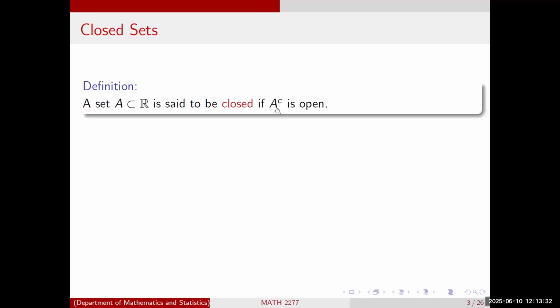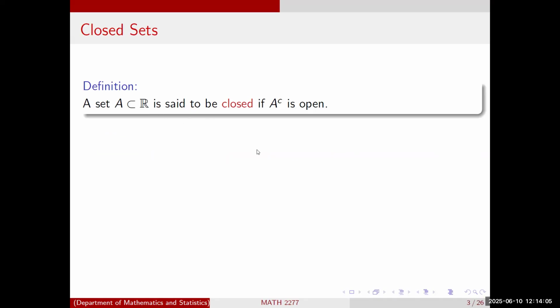And then we need to ask ourselves, is A complement an open set? Because we know what open sets are. Open sets mean every point is an interior point. If it so happens that A complement is indeed open, then the original set A is closed. If A complement is not open, then the original set is not closed.